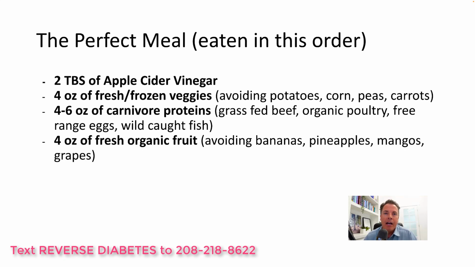And then I would have your 4 ounces of fresh organic fruit, specifically berries, and avoiding bananas, pineapples, mangoes, and grapes for that same reason. We don't want that blood sugar spike, so I would stay away from those while we're getting your blood sugar under control. And then, of course, I'd follow this up with a 20-minute walk after each one of those meals.